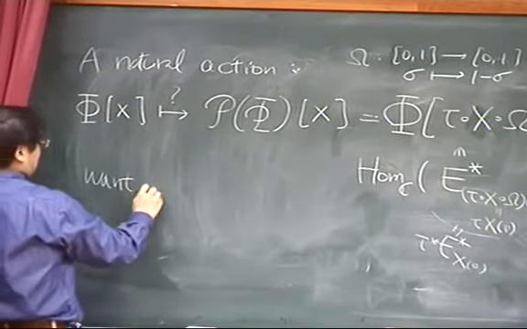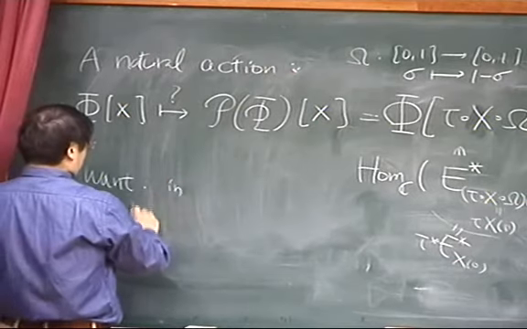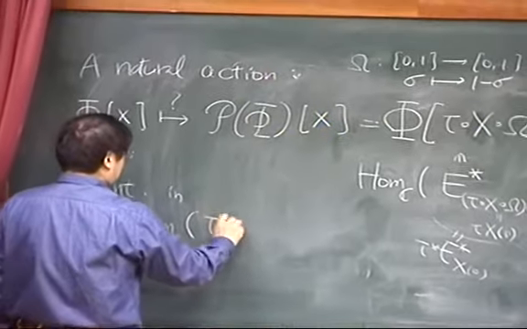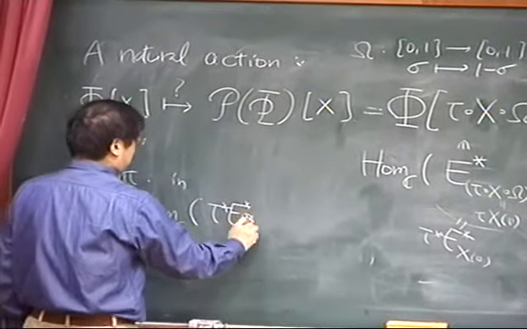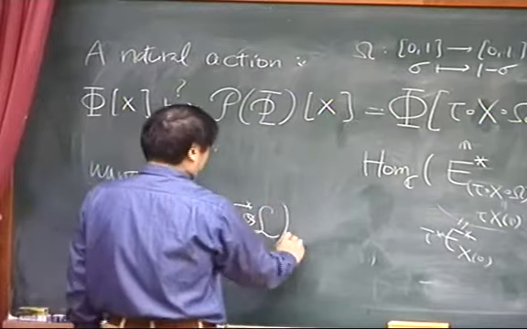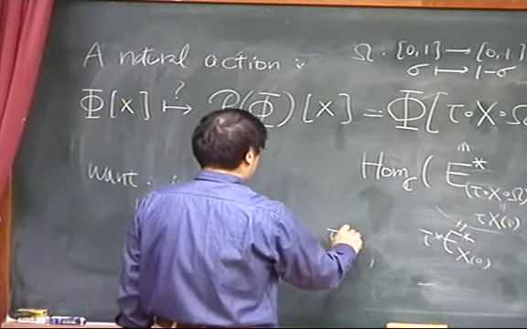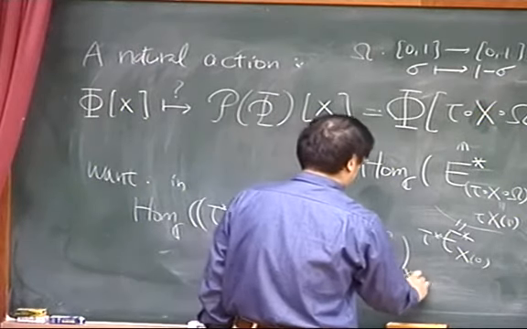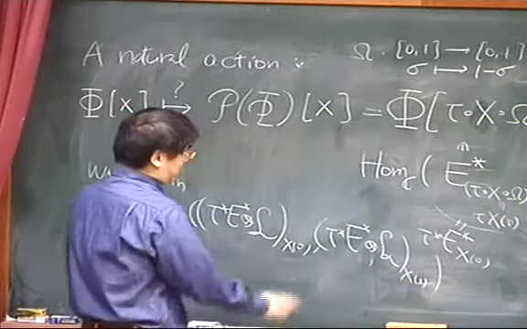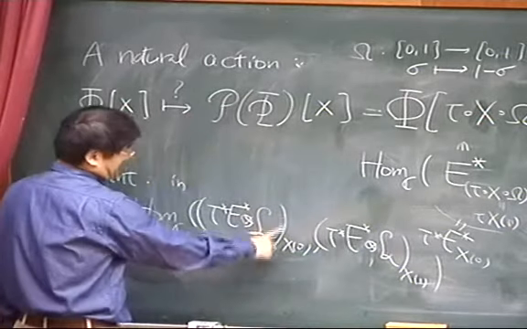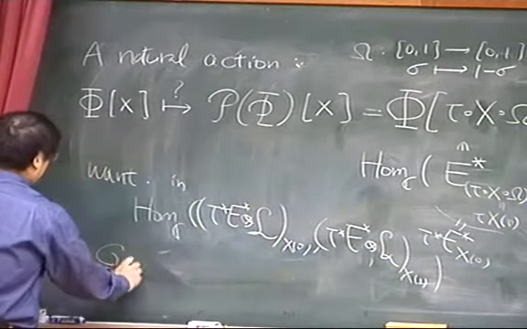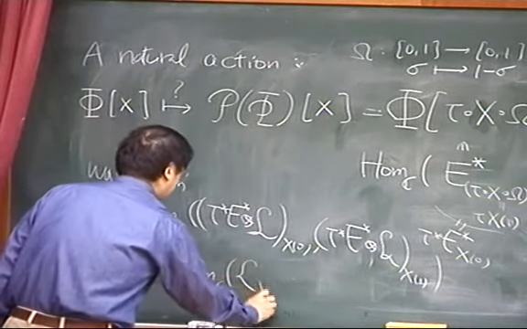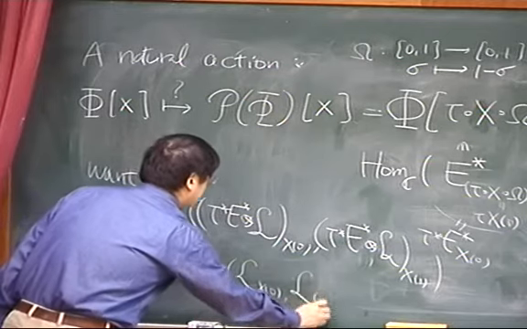What we really want is to be in home of tau star E star tensor L at x0, to tau star E star tensor L at x1. So there is a gap between this and this by this factor. The gap is this factor L x0, L x1.